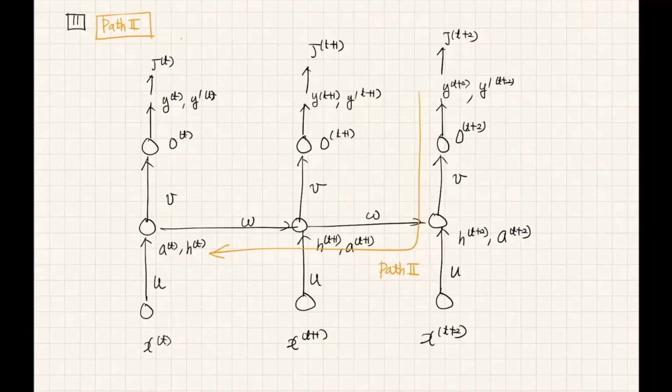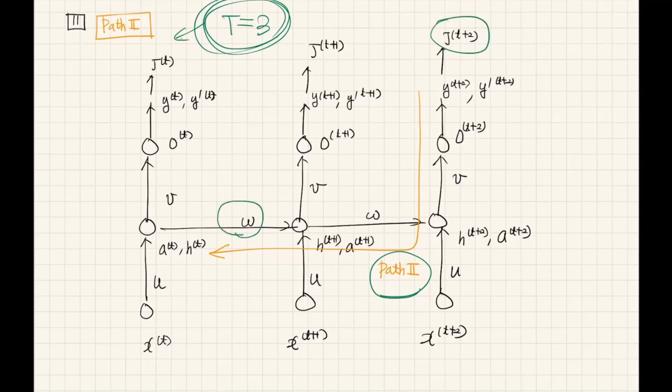Now, let's continue. In this case, t is equal to 3. Let's take a look at path 2. In order to get the gradient of the cost function with respect to W, we have to start from here. We have to know the cost function, and at this stage we have to know the derivative of the softmax function, and for the relationship between output and H, we have to know the V matrix.